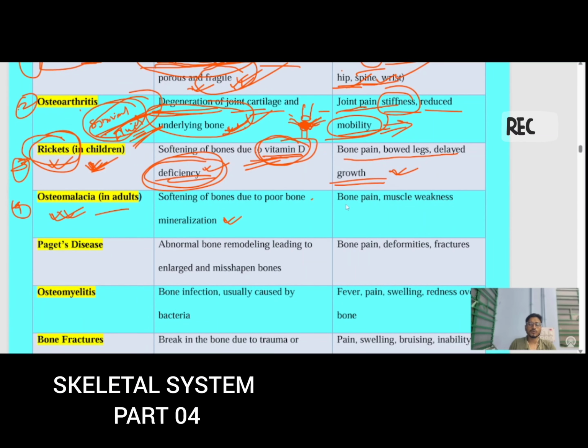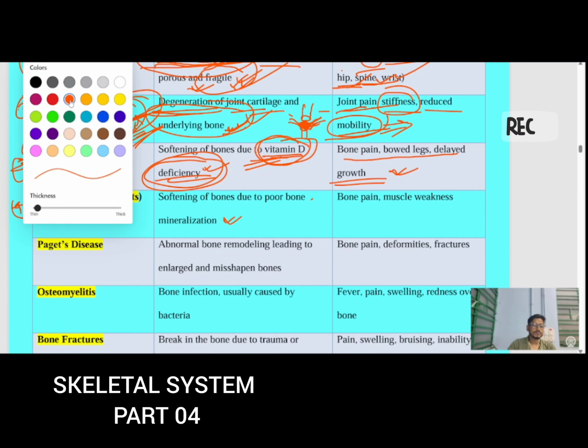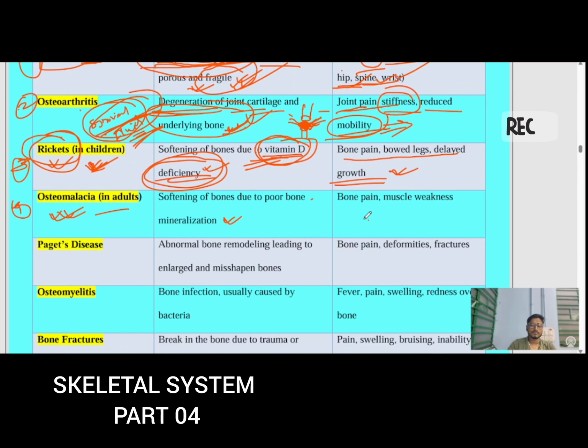Osteomalacia occurs due to lack of minerals. Bone pain and muscle weakness occur due to the lack of minerals, because minerals are protective foods.